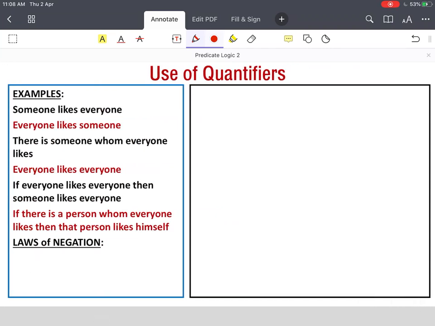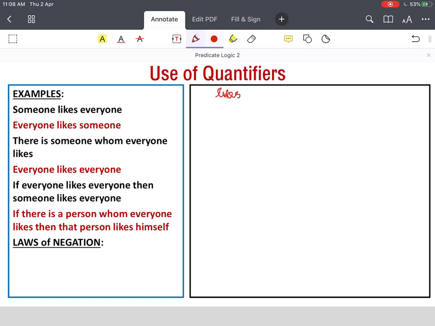Now let us go on to some of the more nitty-gritties of expressing sentences in first order logic, and how we use the quantifiers. So I have listed about 6 examples, and let us see how we work out all the 6 examples.